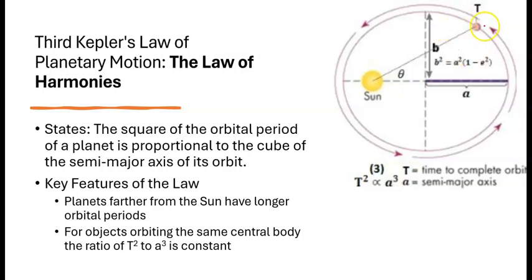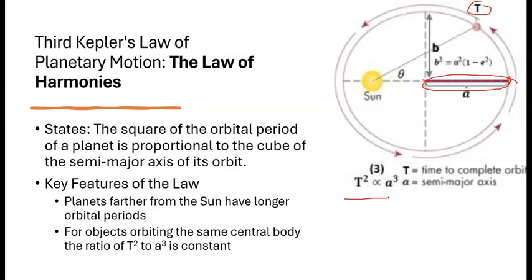The orbital period T is the time taken for one planet to complete one revolution, and the square of the orbital period is proportional to the cube of the semi-major axis, the distance from the center to here. This is the semi-major axis, a very harmonious relationship. So this is the third Kepler's law, straightforward.